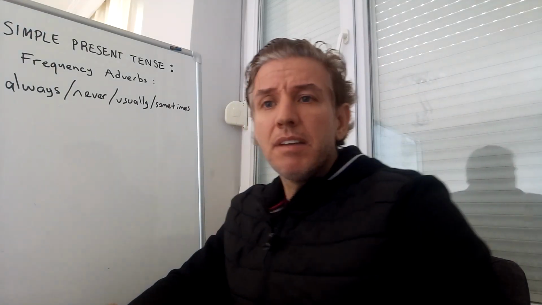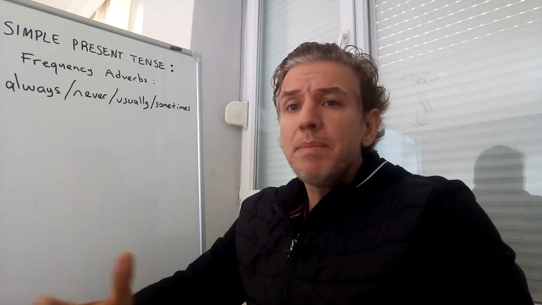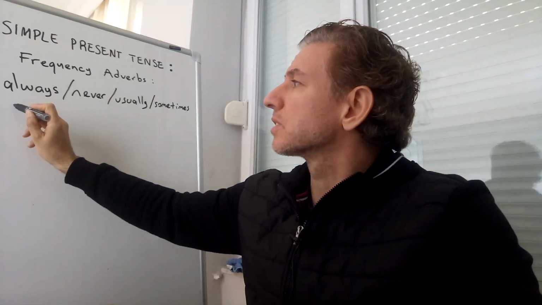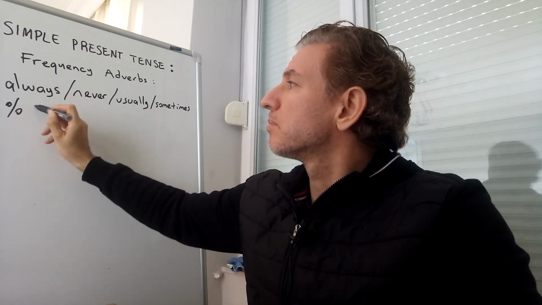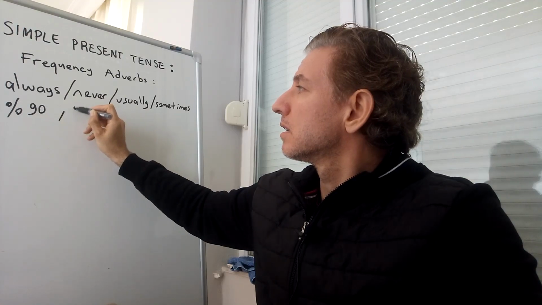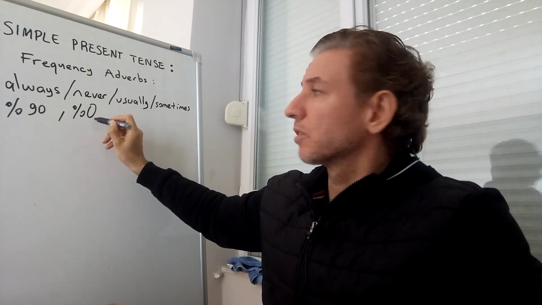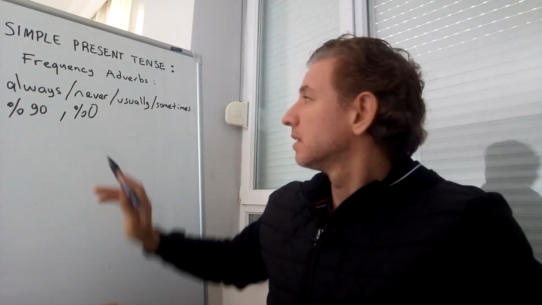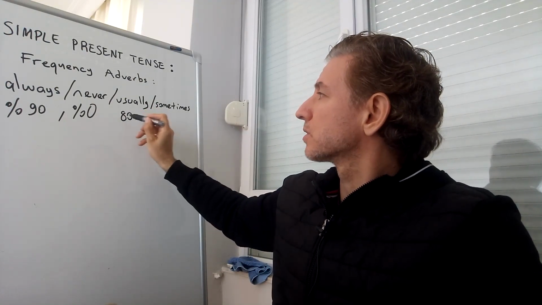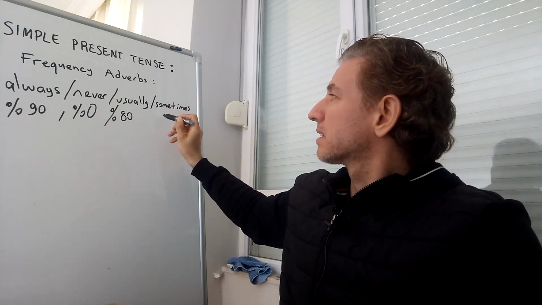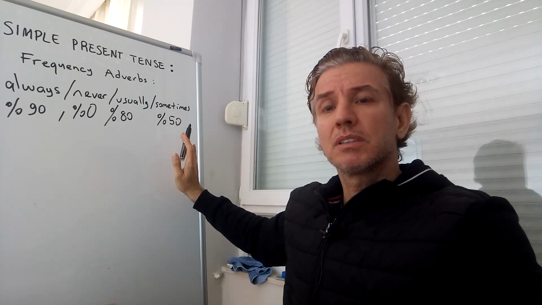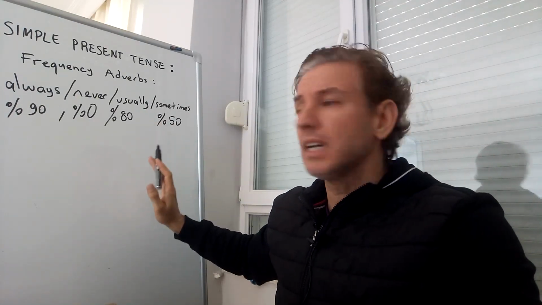If we give a percentage of how many times I do this, always is 90%, never is 0%, okay? I never do that. Usually is 80%, but sometimes is 50%. Sometimes I do, sometimes I don't do, okay?